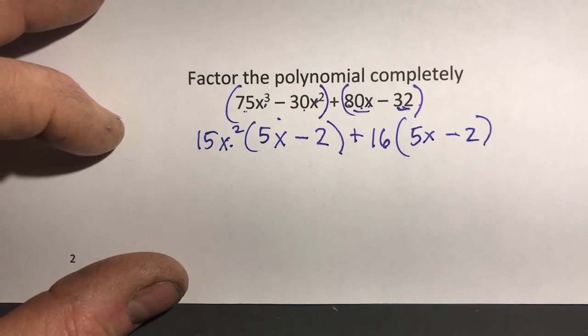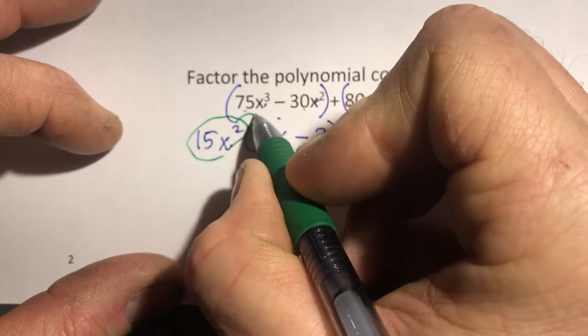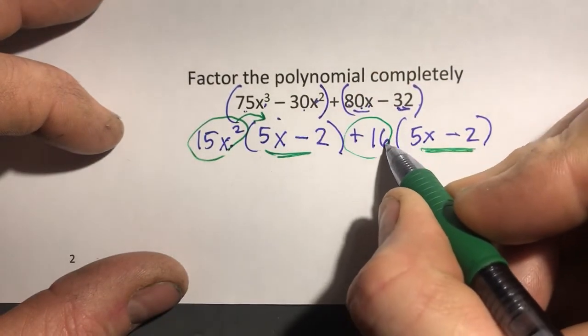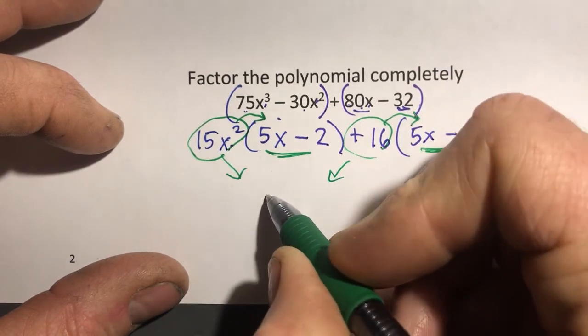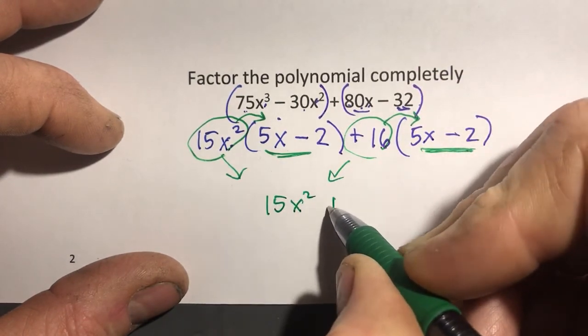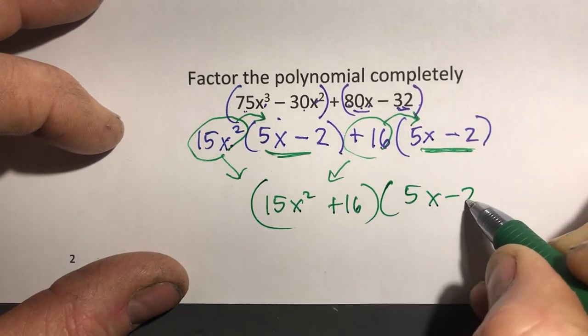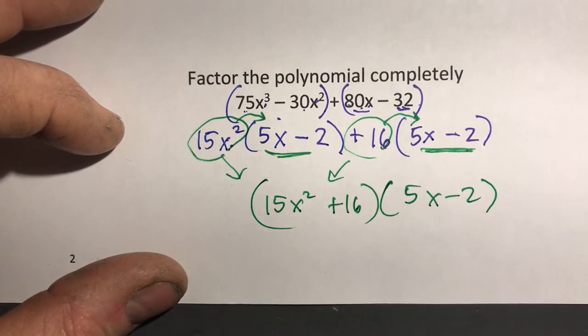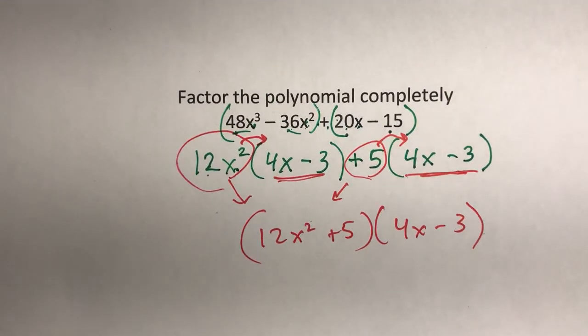Okay, and then just like every other time, these two are the same. So I have 15x squared times it here, and I've got a positive 16 times it there. So I could put those two together. 15x squared plus 16 together times 5x minus 2. And that's my factoring.